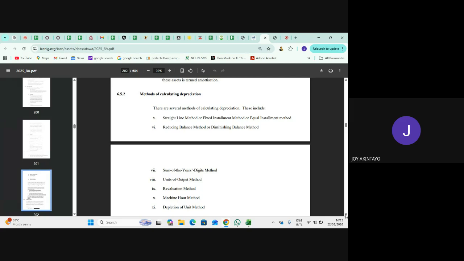Now like I said, we have methods of calculating our annual depreciation. We have several methods of getting the value of our annual depreciation. The first one is the straight line method, or fixed installment method, or equal installment method.